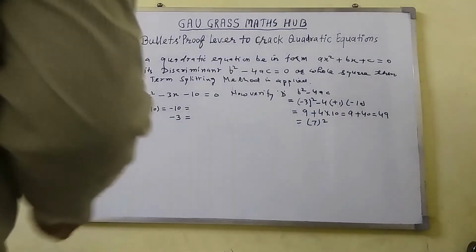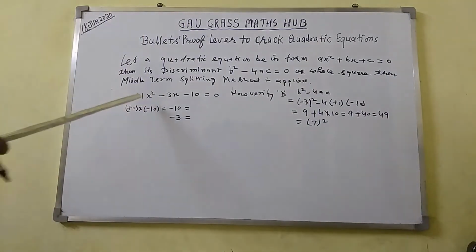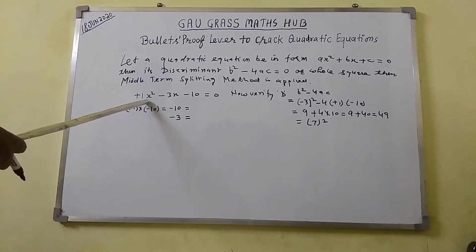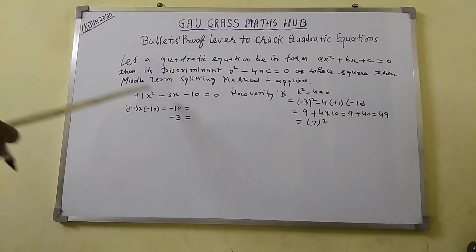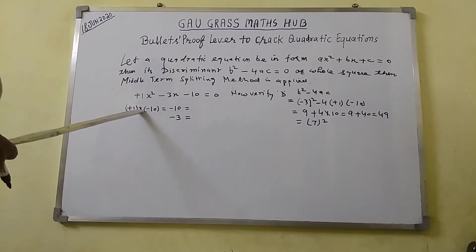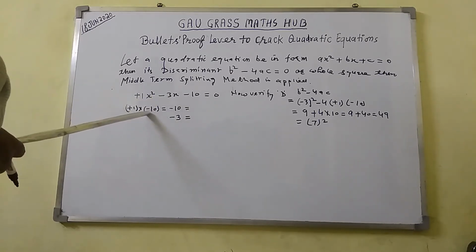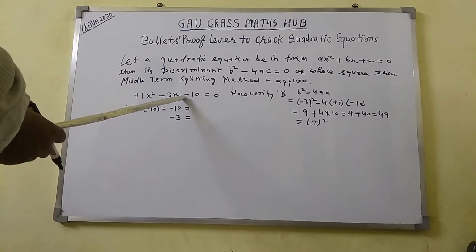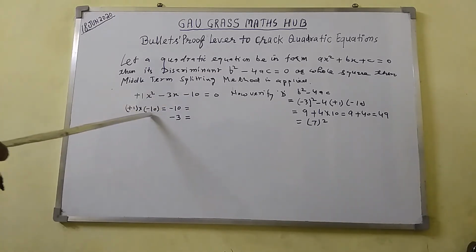Now here you can see the coefficient of x square is plus 1. Write in bracket plus 1. After that the multiplication sign will be there. And here you will write in bracket the constant value, plus 10.